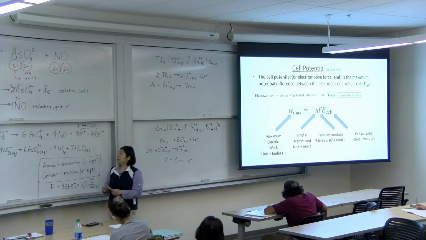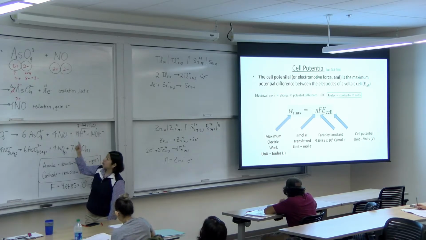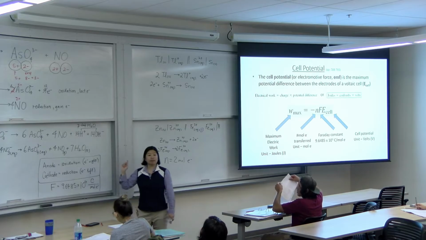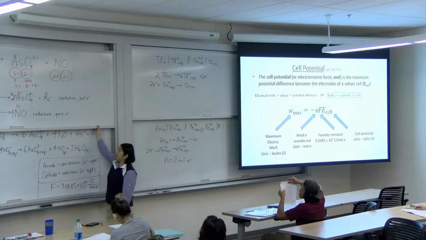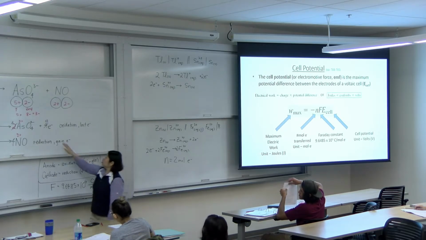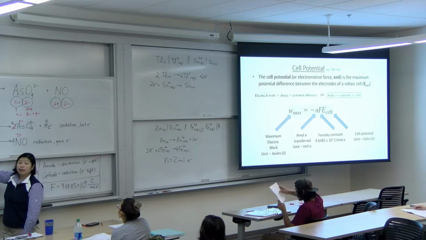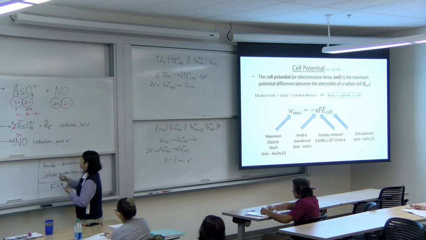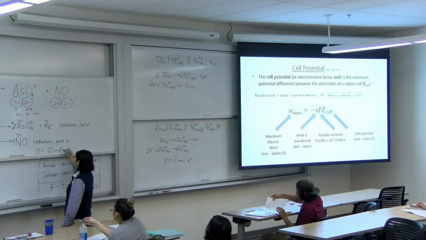Let's look at this example that we took on the quiz. How many electrons are being transferred? Let's look. 12. There are 12 being lost, 12 being gained. So in this particular example, n would actually equal 12 moles of electrons.